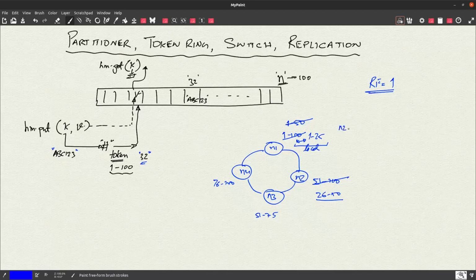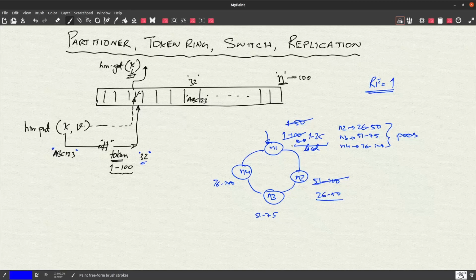And N2 is responsible for 26 to 50, sorry, 51 to 75 is N3, and N4 is responsible for 76 to 100. This information is about peers. System.peers is therefore the table name, which will tell you on N1 what are the peers that N1 has and what are the token ranges they are responsible for. True masterless system.